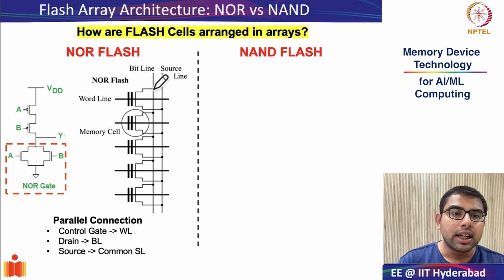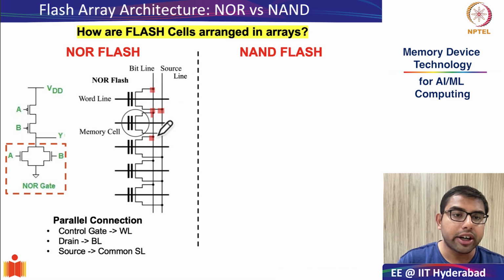This is because if you notice clearly, the drains of all the flash cells are connected by the bit line. So this is the drain of the first cell connected to the bit line, second cell, third cell, and so on and so forth. Whereas the source of every cell is connected to the source line, right?